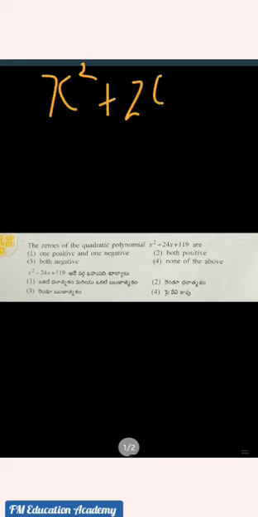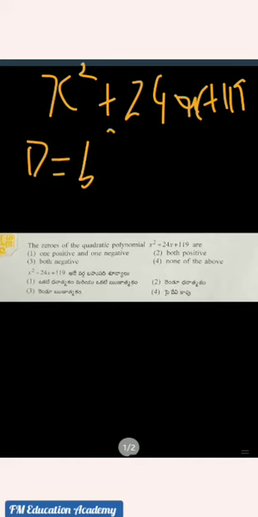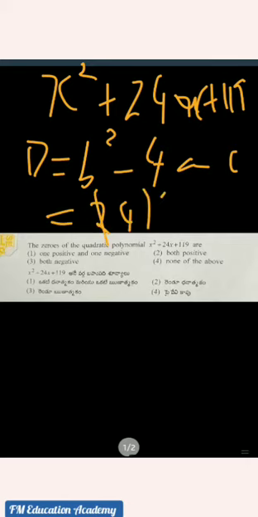So what to do? Write the quadratic polynomial. We know how to find out roots. Roots can be found out by first finding D, which is b square minus 4ac. What is b if you compare? 24. So 24 square minus 4 into a.